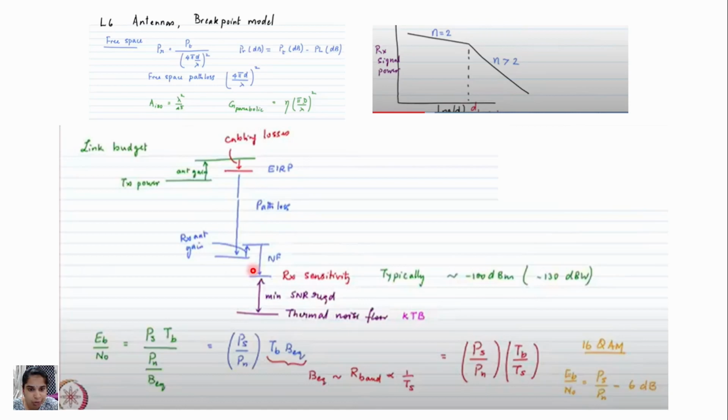Then comes the path loss because of the distance, and again it will be boosted by a receiver antenna gain, and then you have the noise figure, which still reduces your power. Above the thermal noise floor, you set up a minimum SNR that's required. So this is the part about link budget.